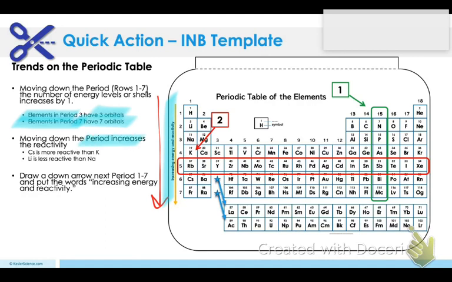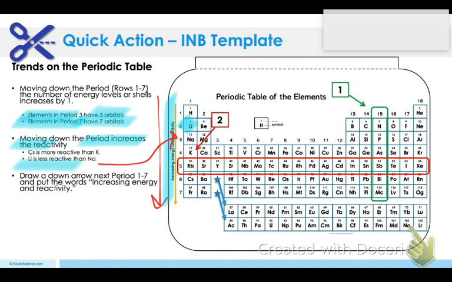Moving down the period increases the reactivity. All right. So lithium is going to be less reactive than sodium. Your example for that is over here. You have lithium in period 2.